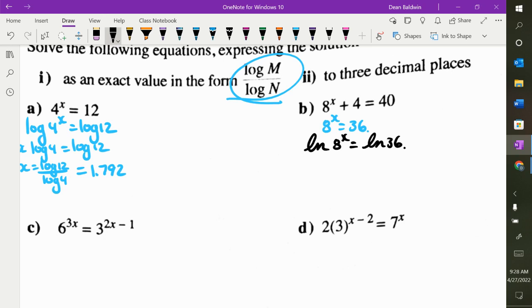Then I drop the x. And then you divide off the natural log of 8. There's one answer. Punch it in your calculator, and you should get the other answer.